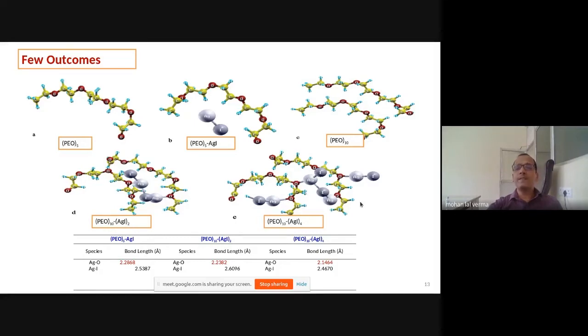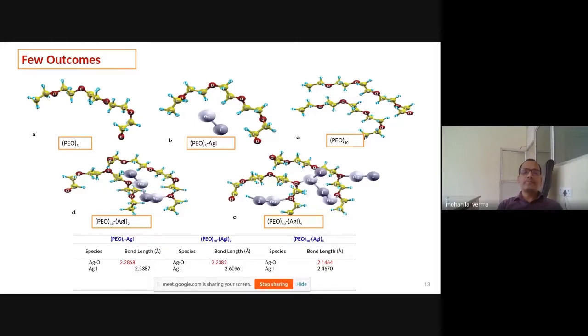And when we increase the number of AgI molecules, then this is that. Because in the experimental part also, what we do is first perform the composition variation by taking different molecular ratios of pure PEO and silver iodide, and we get one optimum conducting composition.